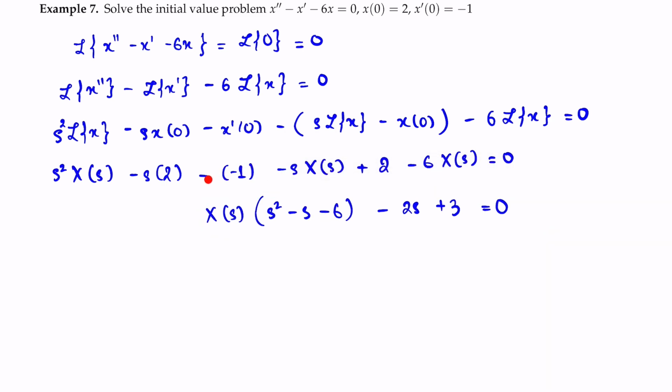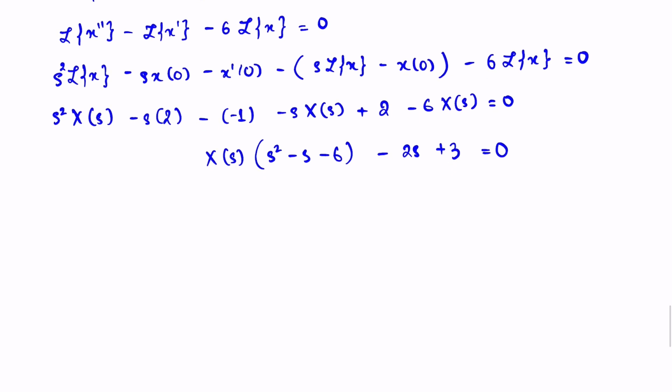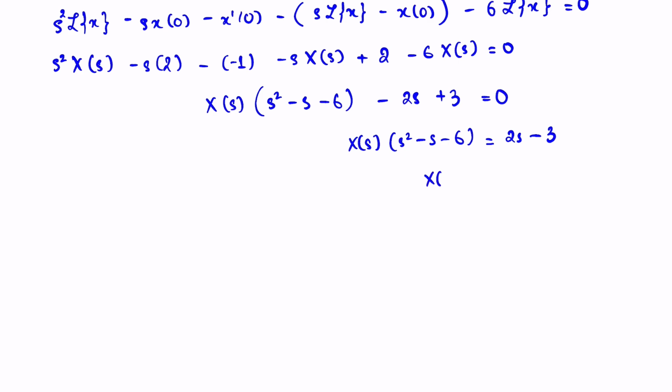So this is negative minus negative 1, which is positive 1, plus 2 is 3. And then you solve for capital X of s. S squared minus s minus 6 times capital X of s equal to 2s minus 3. And then capital X of s equal to 2s minus 3 divided by s squared minus s minus 6. So that is the solution in the frequency domain.